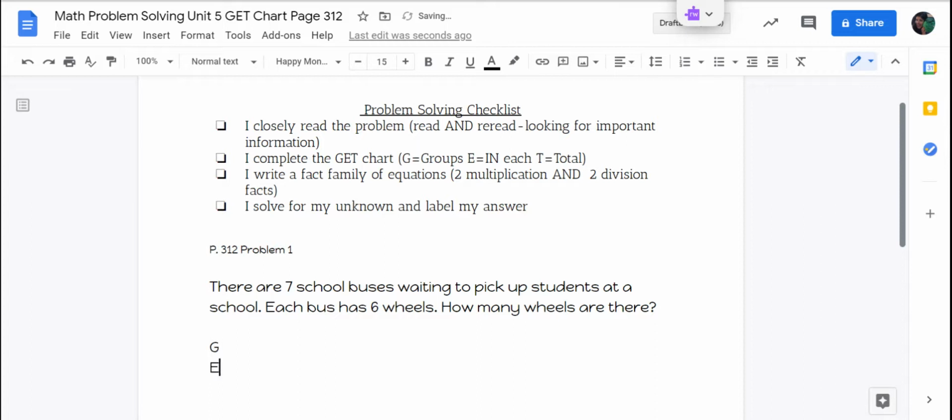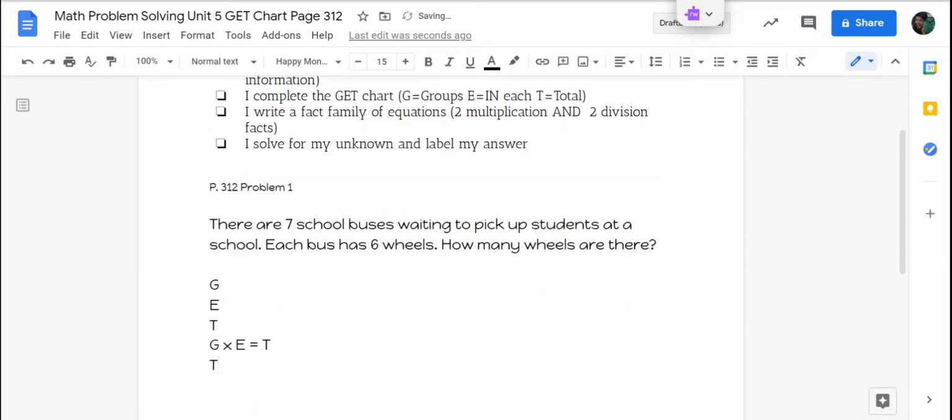Groups, in each, total. Do you remember making these charts all the time at the beginning of the year? I'm always going to know 2 of the 3 things. And my equation is always going to be G times E equals total, or total divided by E equals G, or total divided by G equals E. So in this case, do I know my groups?